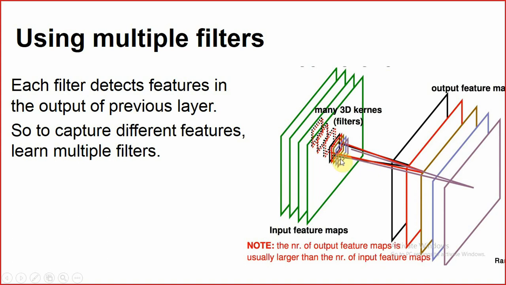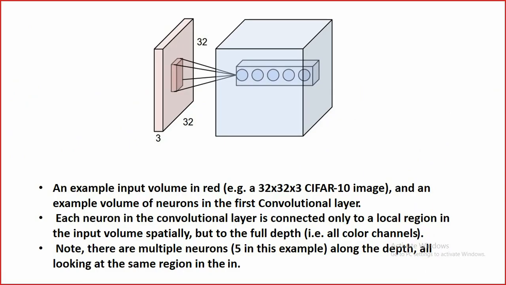So these filters can be considered as a block. Here, for each of the neurons, we have 5 different filters. So after I apply these filters to this image, we will receive 5 different feature maps.